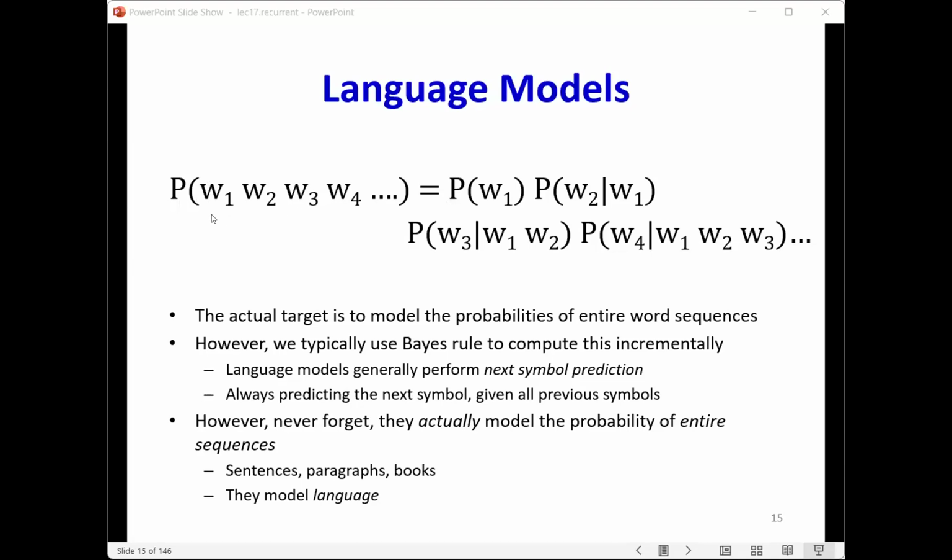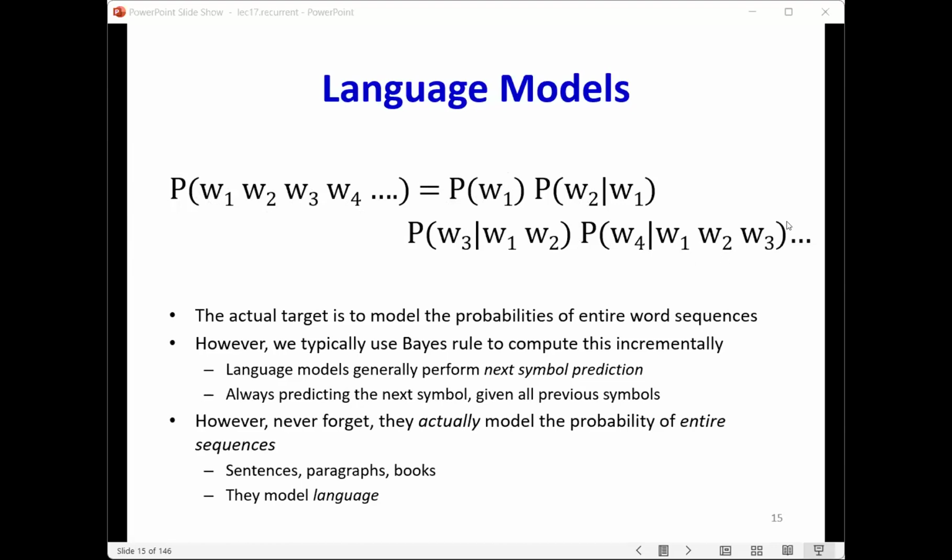If I have some word sequence, W1, W2, W3, W4, and so on, the way we would do it is to decompose it. This is the probability of W1 times the probability of W2 given W1 times the probability of W3 given W1 and W2, and so on.